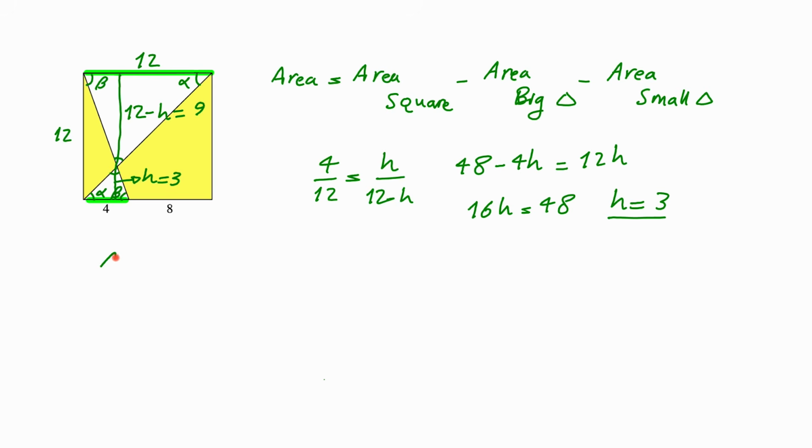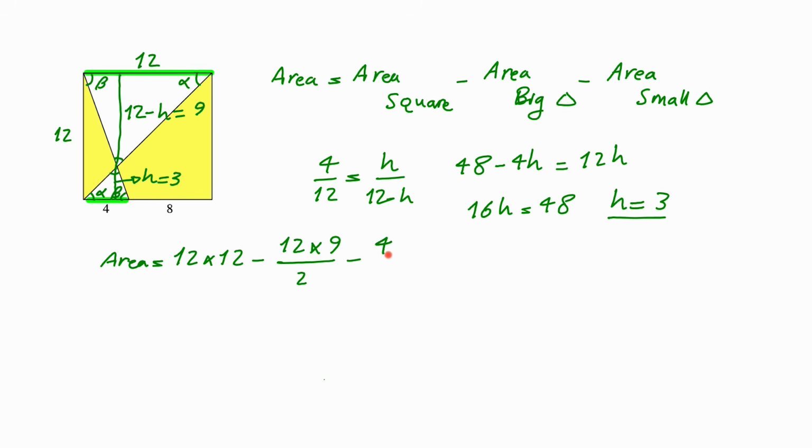So we can write the area of the square is 12 times 12 minus the area of the big triangle is 12 times 9 divided by 2 minus the area of the small triangle.